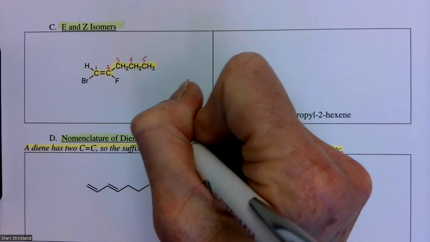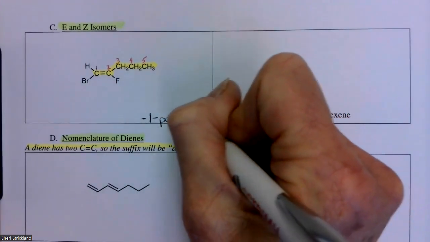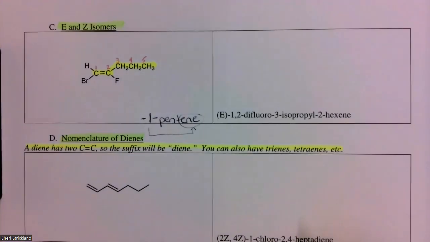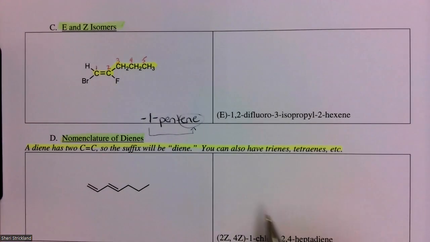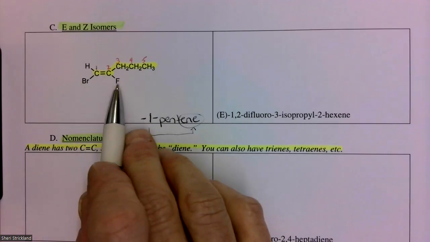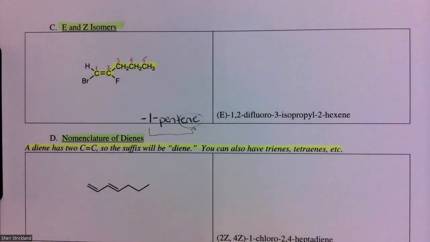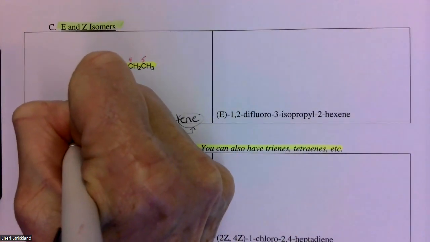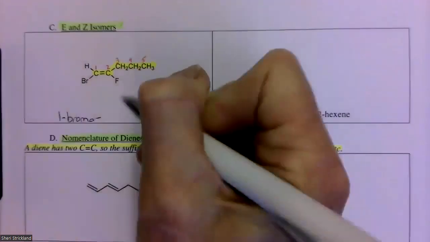The 1 tells you where to find the double bond. So what else is attached to this? Well, there's a fluorine at carbon 2 and a bromine at carbon 1. B comes before F, so it's 1-bromo, 2-fluoro. So let's put those substituents in.